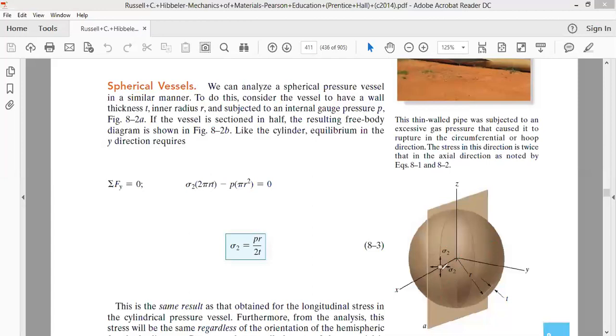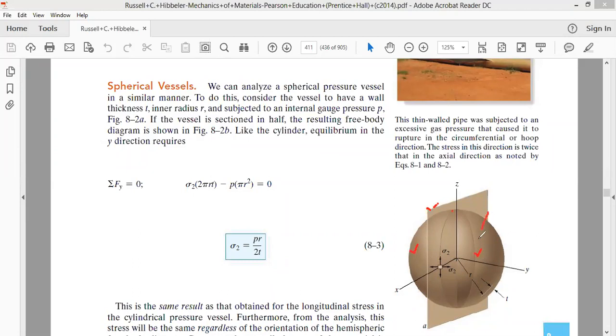Now look at this sigma 2. This is the stress which is generated at this cross section. The section plane has been shown here. We have drawn a sectional plane through this sphere. So it means this portion and this portion are exerting force on each other.